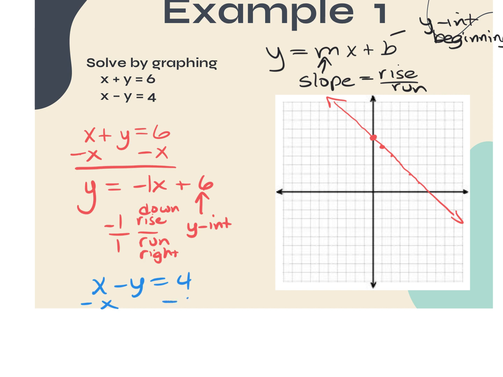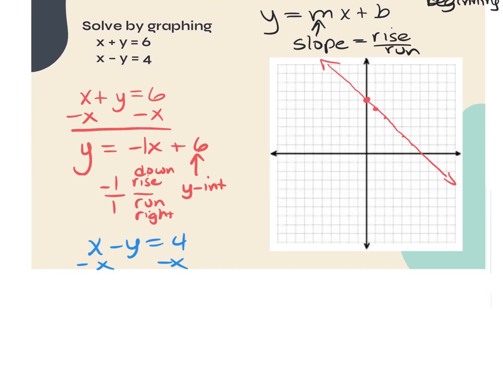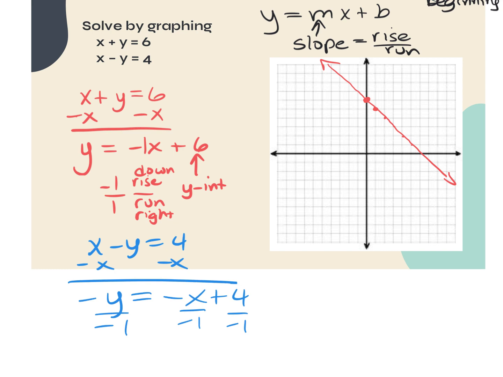I need to get y by itself. Negative y equals negative x plus 4. I now need to divide everything by negative 1 because I do not want a negative y. So negative x divided by negative 1 gives me positive x. And then positive 4 divided by negative 1 is negative 4.